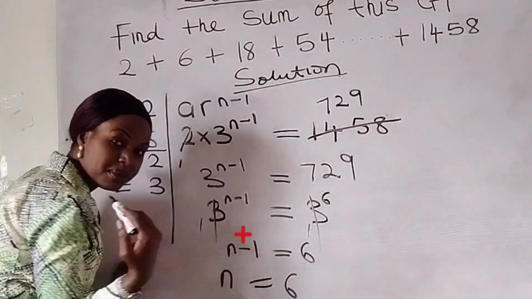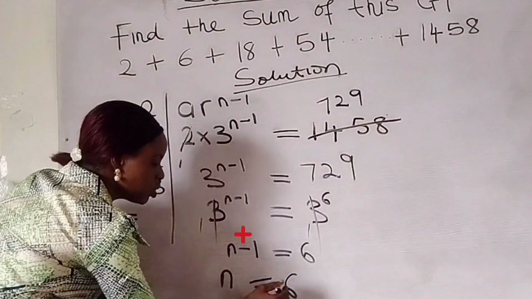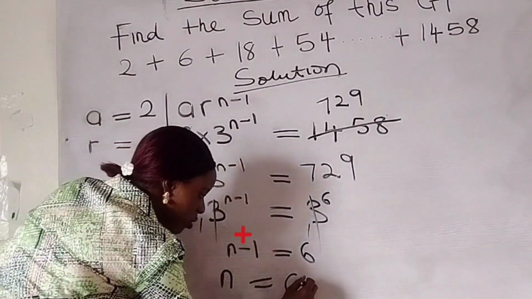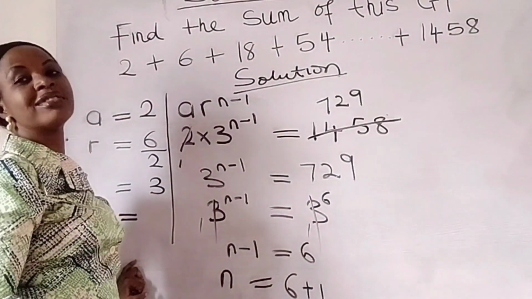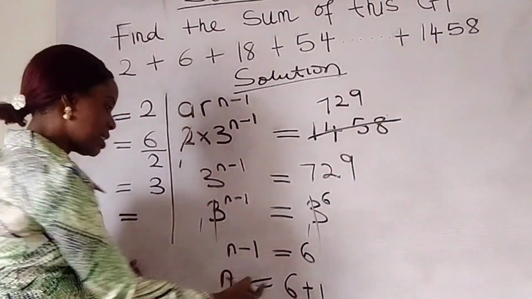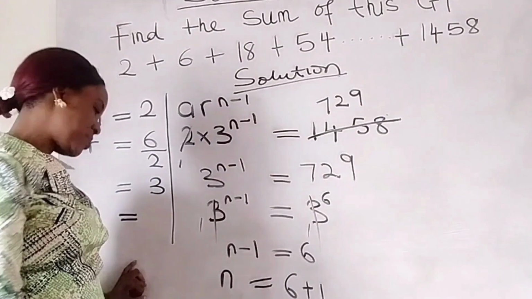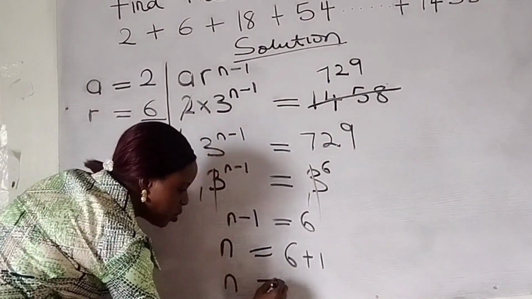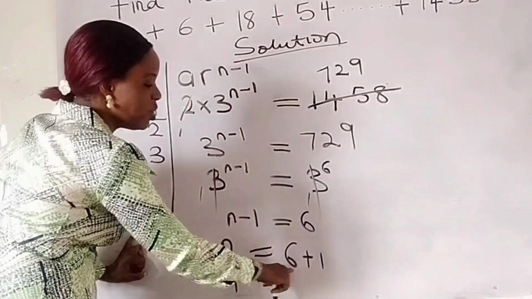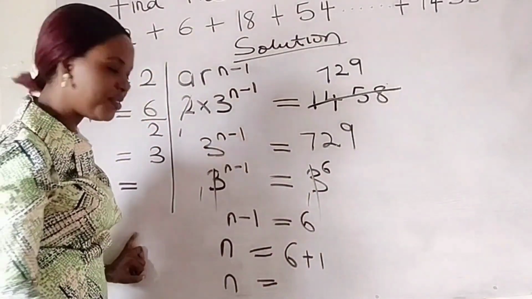So we now have something like this. n is equal to 6 plus 1, which gives us what? 6 plus 1 is simply 7.